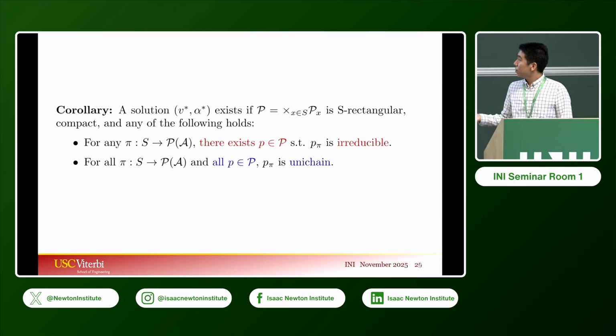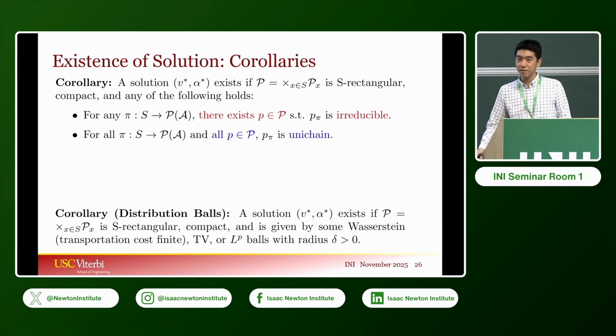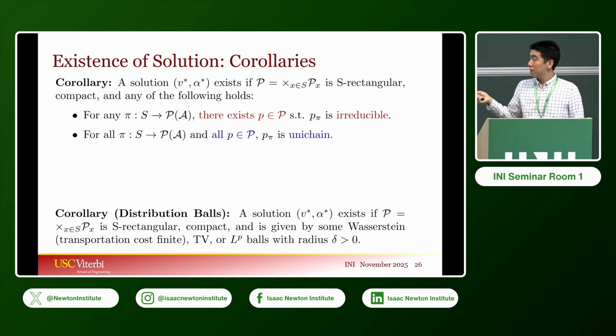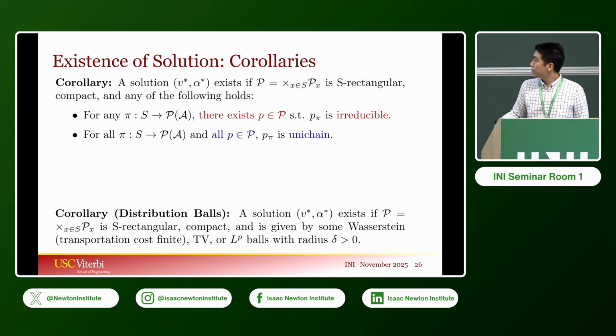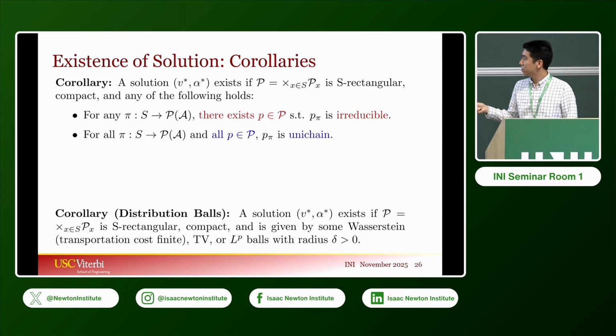Actually, with this corollary, we can extend it to a further corollary, which is much more interesting and applicable. This is about distribution modes. As in previous talks, in Jose's talk, as well as in previous DRO talks, we typically use Wasserstein, total variation, or, in the discrete context, LP balls to characterize ambiguity sets.